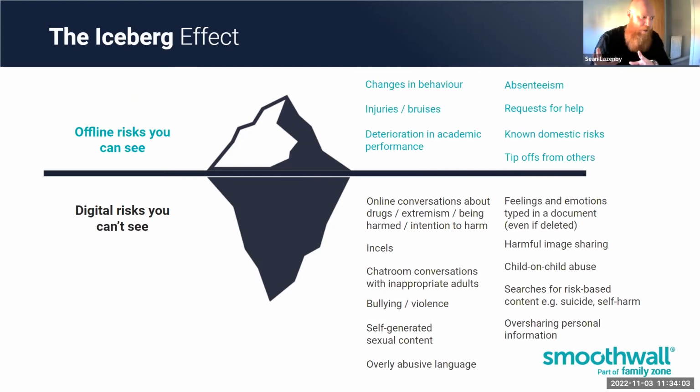It's where the bottom of the iceberg comes into play, the things that you just have no idea about. So again, you've got things like online conversations. We've touched on that in terms of people speaking to each other. You can pick up on those things.